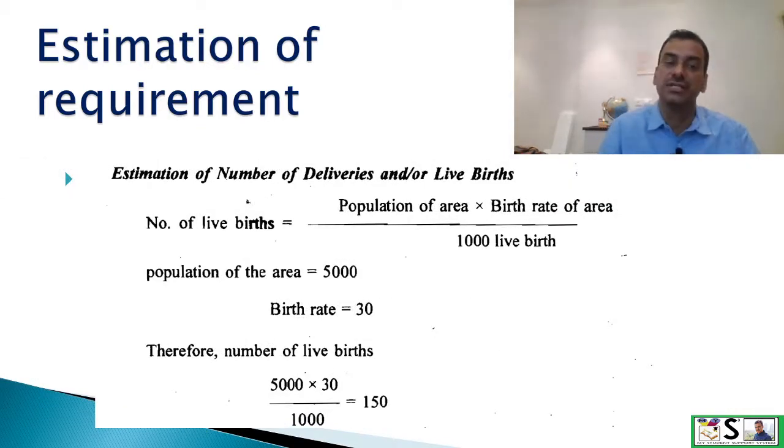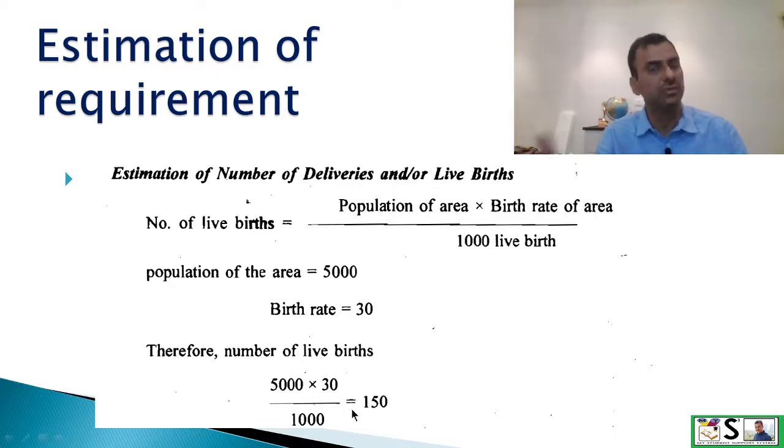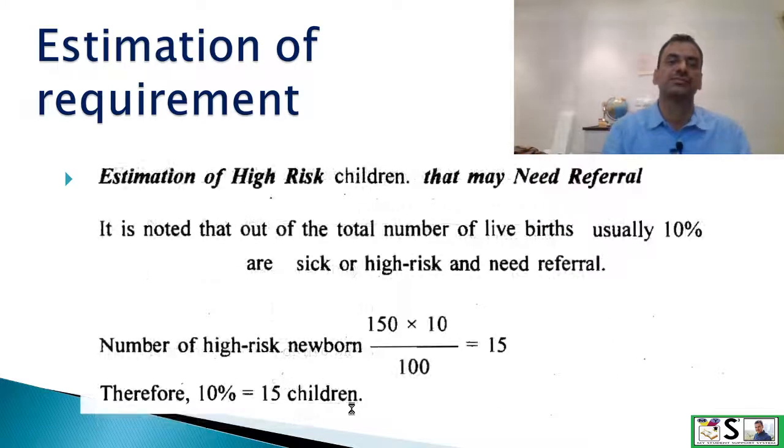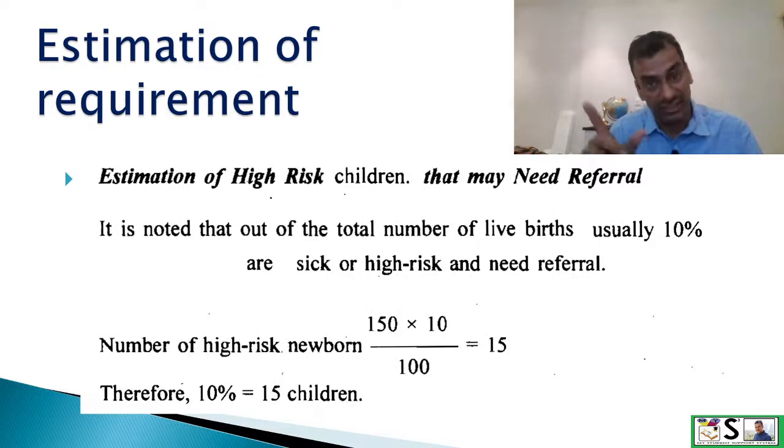Then the estimated number of deliveries. How do we find out? Total population into birth rate divided by 1000. So if the population is 5,000 and the birth rate is 30, the live births will be 150. Then high risk children.